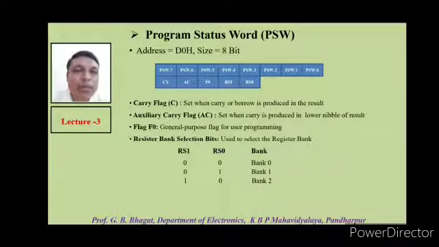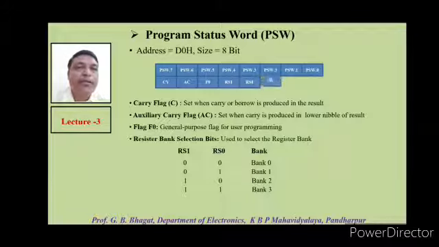Similarly, if RS1 is 1 and RS0 is 0, then bank 2 will be selected. And if both the bits, that is RS1 and RS0, are 1, then bank 3 will be selected. But here by default bank 0 is selected. That is, if we do not change the RS1 and RS0 bits, then by default it will select bank 0.